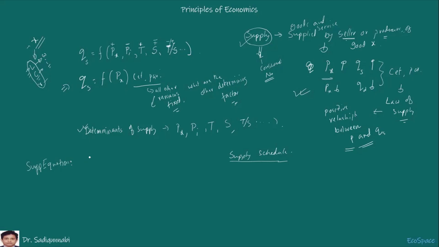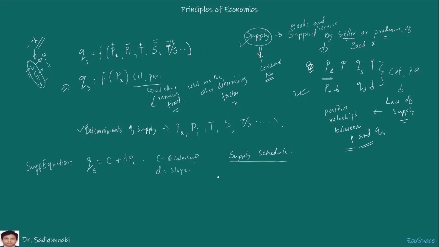The supply equation could be QS equals C plus DPX. So you see that there is a positive sign before D. C is the intercept, and D is the slope.